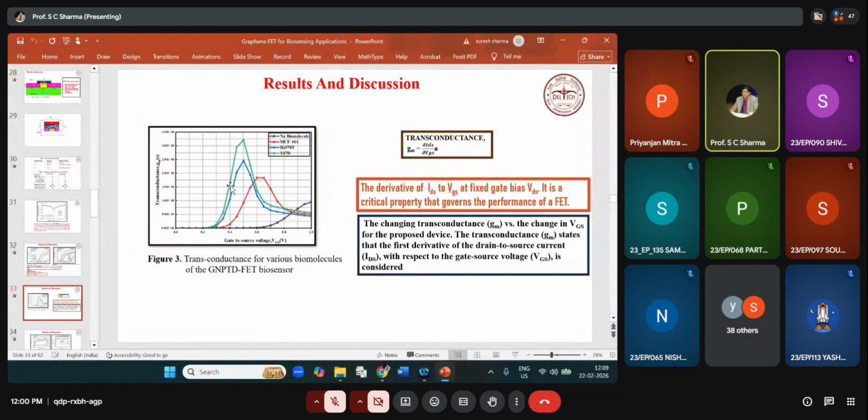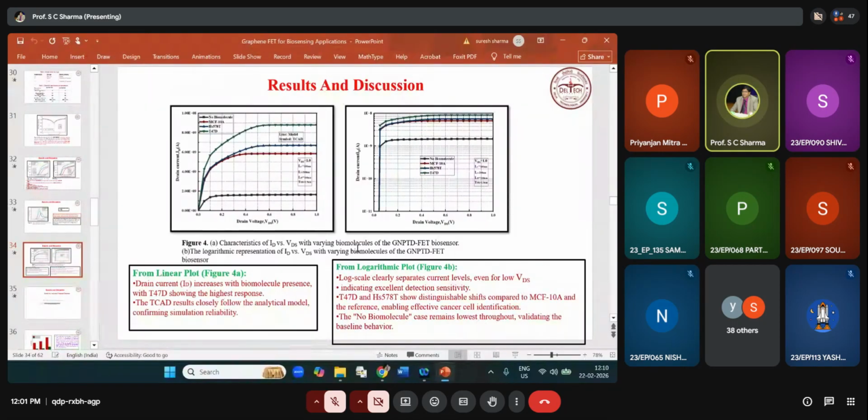This is another electrical property of a transistor. In fact, this is transconductance, del IDS upon del VGS, the derivative of drain current. So transconductance is the first derivative of this, showing the change versus the change in VGS for the proposed device.